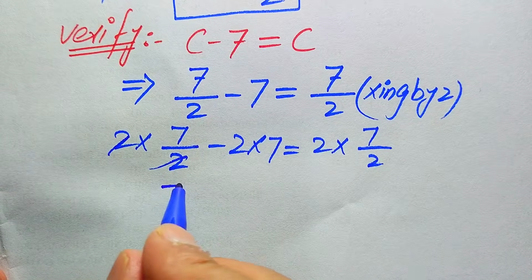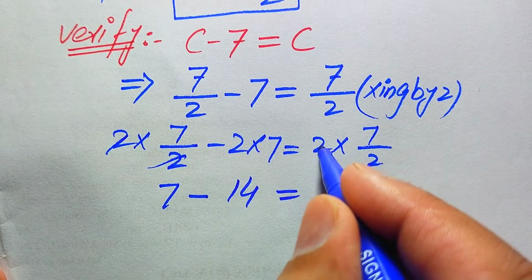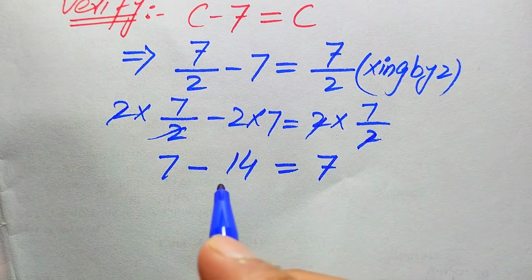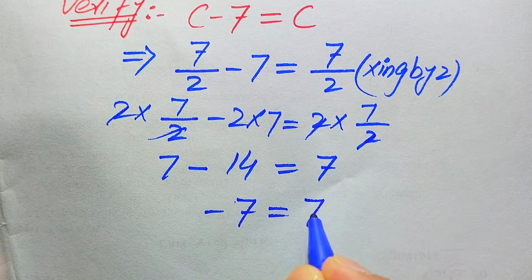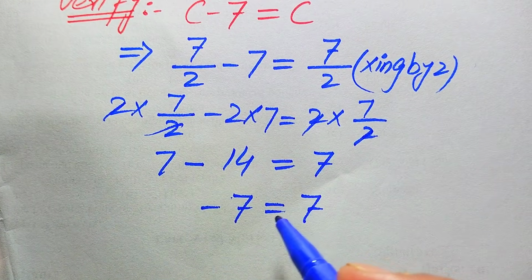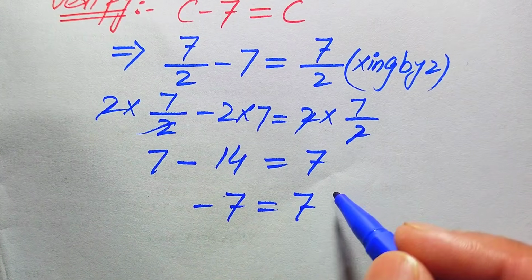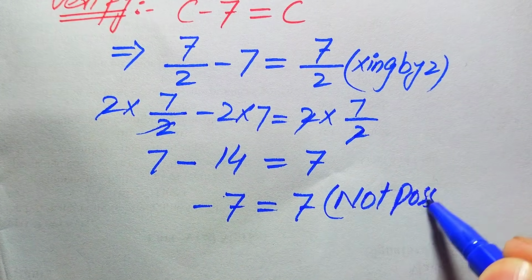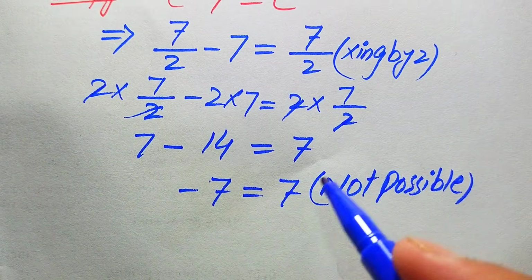This 2 and 2 are gone, and we get 7 minus 2 times 7, which is 14, equal to 7. So 7 minus 14 becomes minus 7, equal to plus 7. This shows that both sides are not equal: minus 7 equals plus 7 is not a possible case.